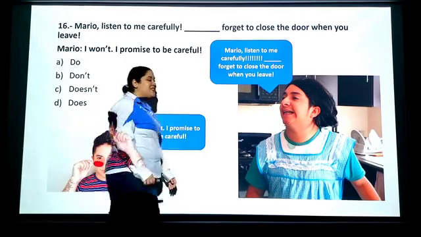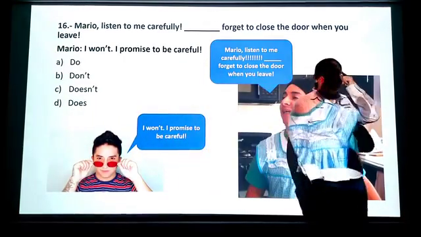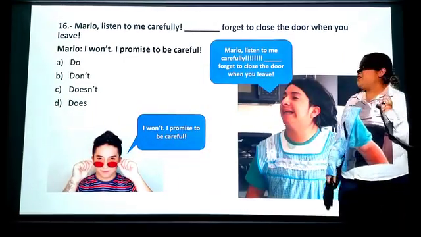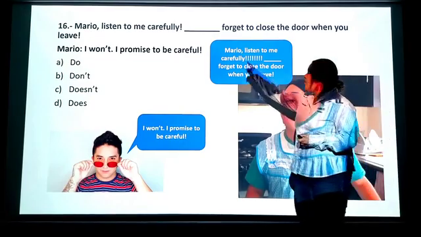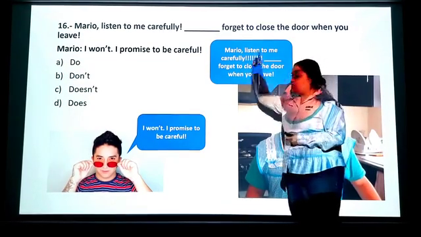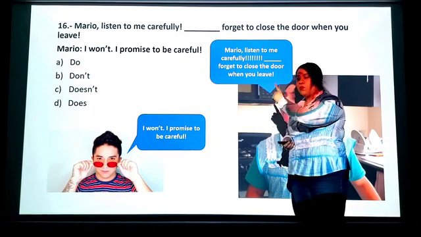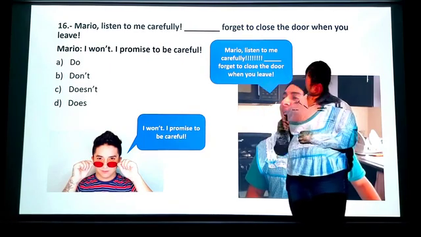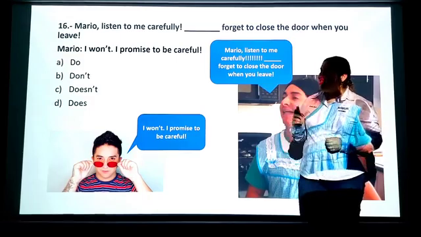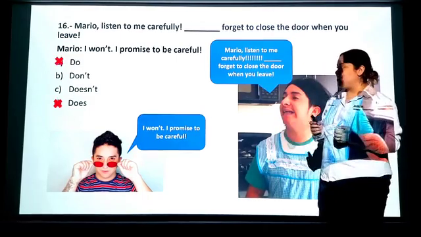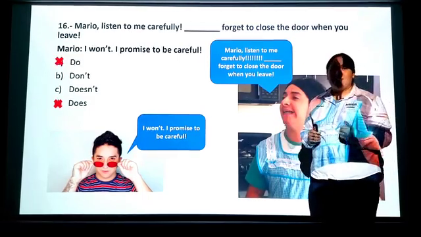Okay, so if we pay close attention to this, even though the first word is Mario, she's speaking directly to him. So she's going to use you: you close the door, you open the door, okay? In this case, we're going to eliminate do and does. Why?